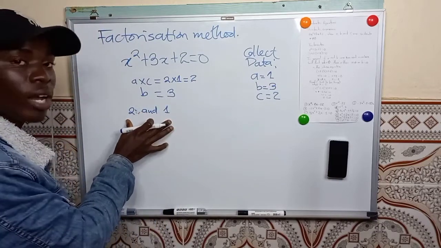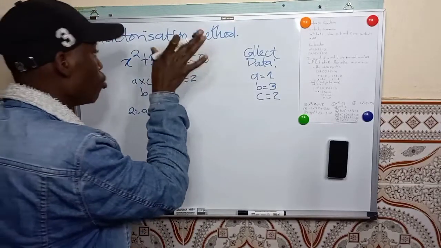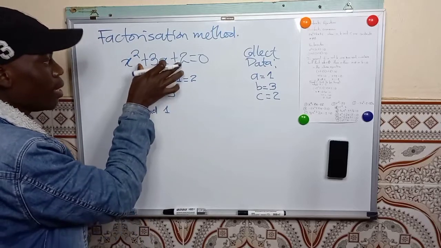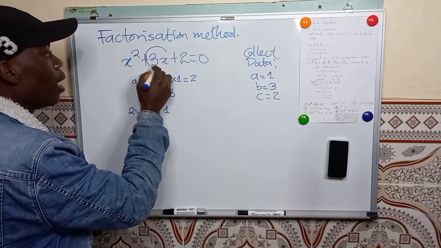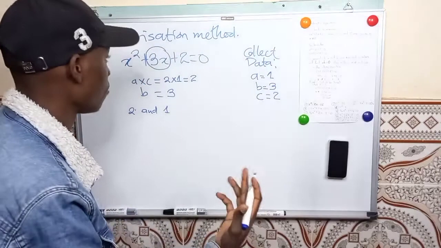Hence, these are the two values that we're going to use in order to factorize this equation and be able to solve it. Right? So we replace this in the equation, excluding this, and these will take the form of x.